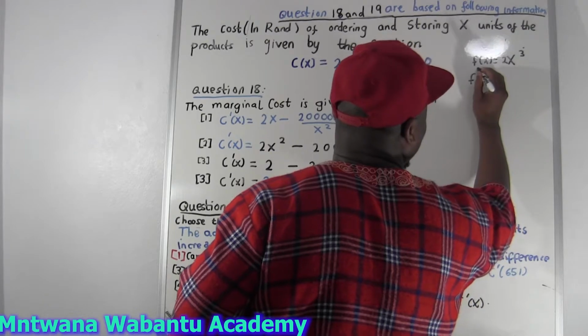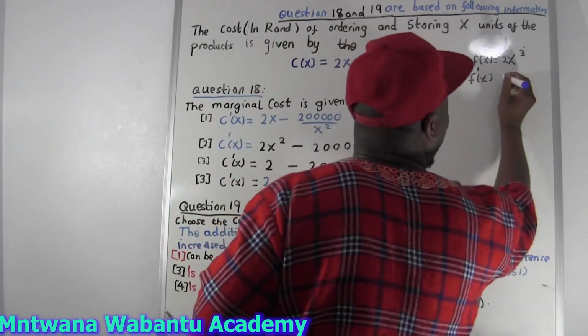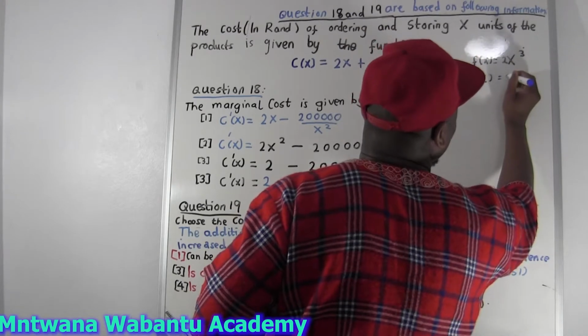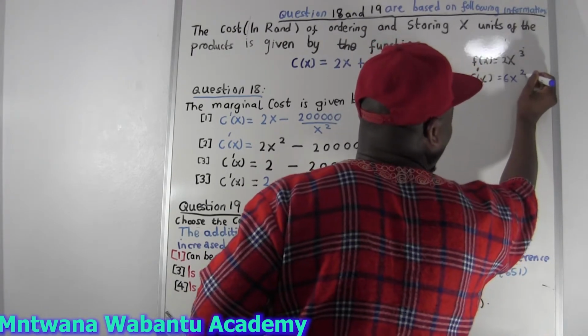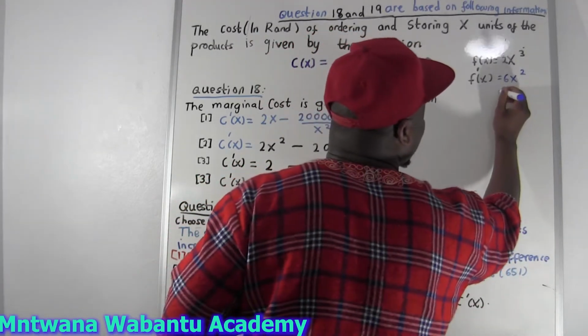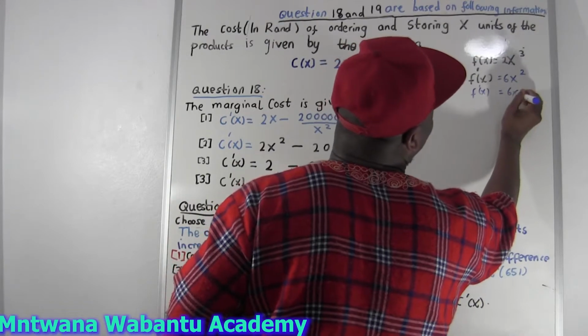When I differentiate, this must be f prime. That prime tells you that now you differentiate. Now 3 times 2 equals 6, and then write your x. Now 3 minus 1 equals 2. So this is our derivative. We have already differentiated: 6x squared.